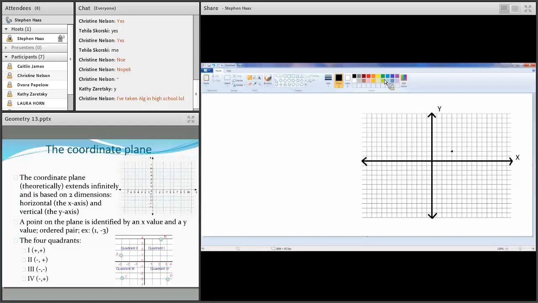So the point that I put over here, let's see if we can figure out what the coordinates for this point are. The x value is always notated first. So you have 1, 2, 3, 4. And the y value is the vertical axis. So this would be point (4, 2).